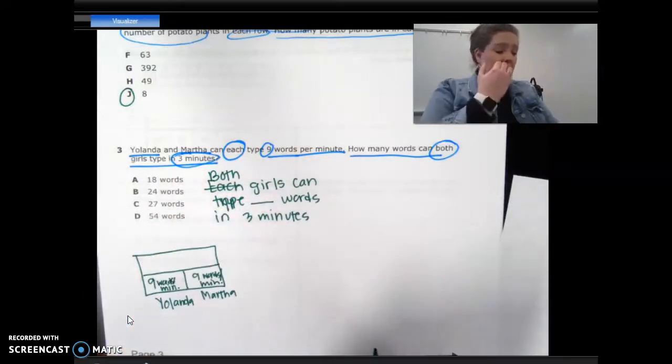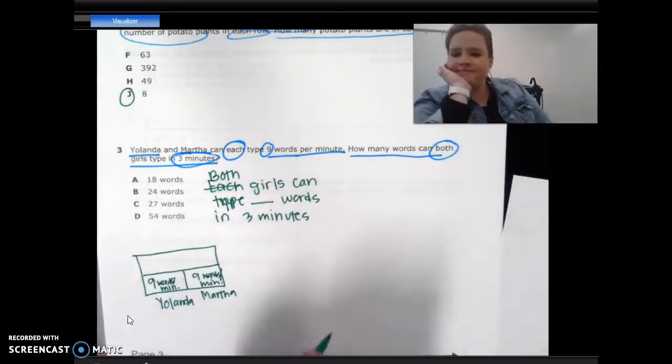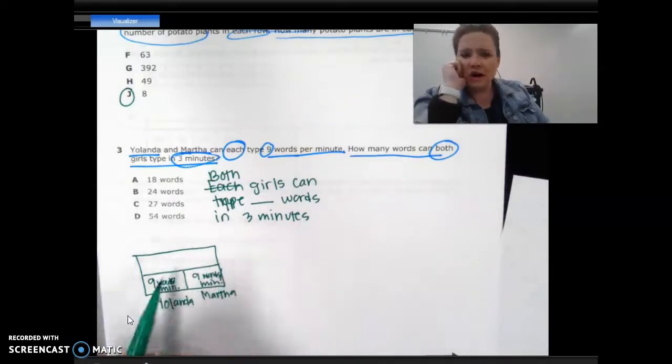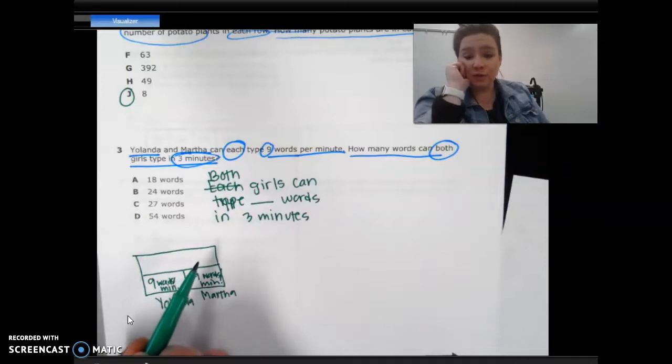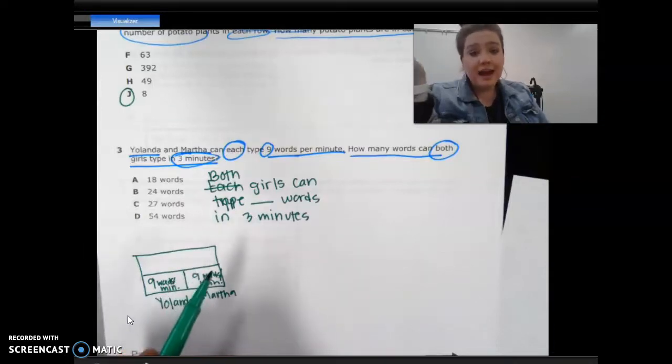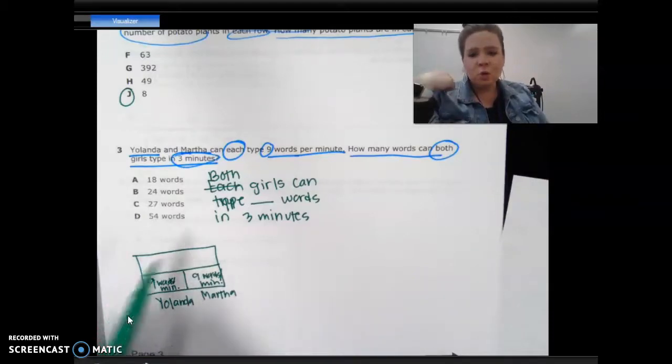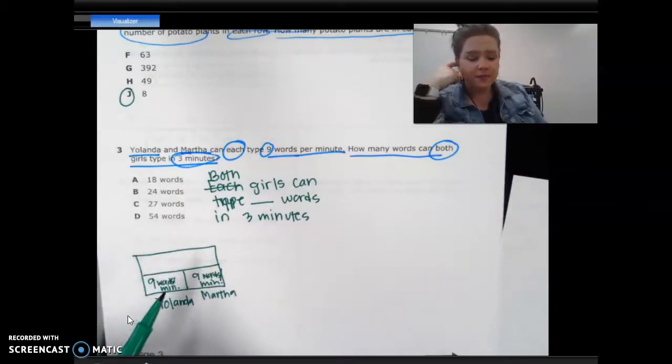All right? So, do I have a total here? And if I don't, what am I going to be figuring out? I don't have a total, so I'm going to be figuring out my total. Good job. I know some of you said that, okay? And what is my total going to tell me?